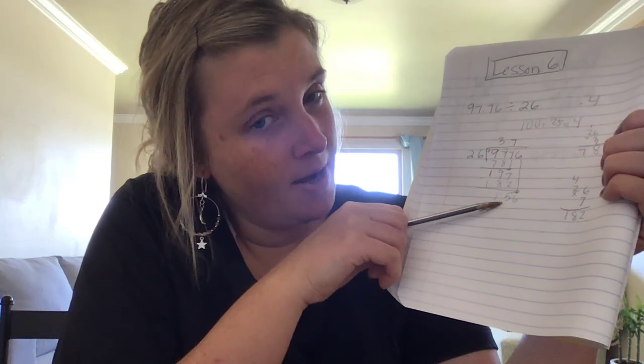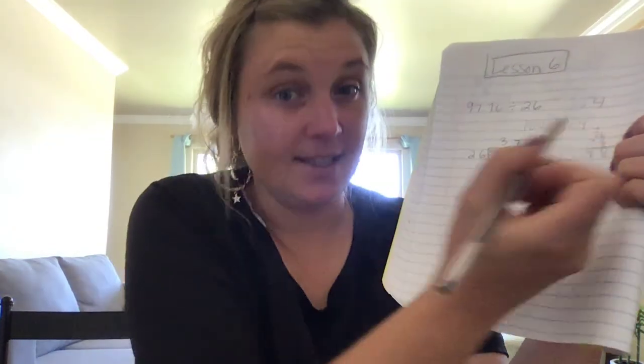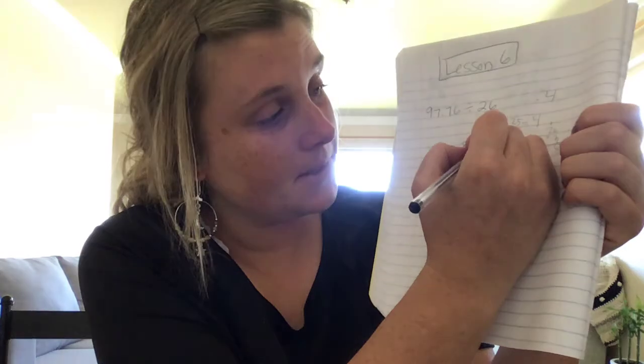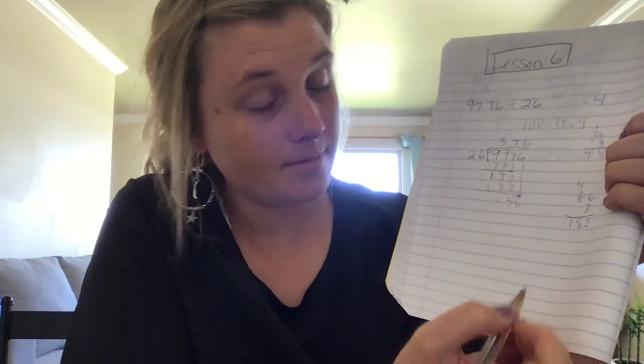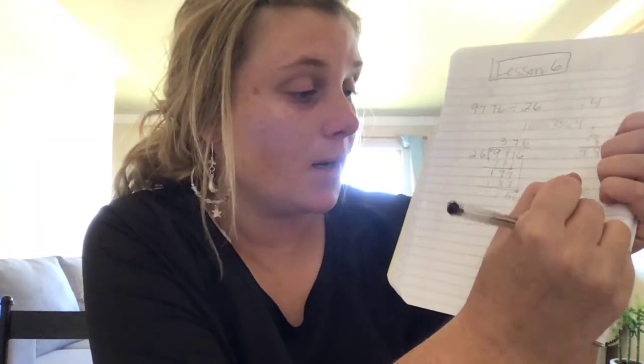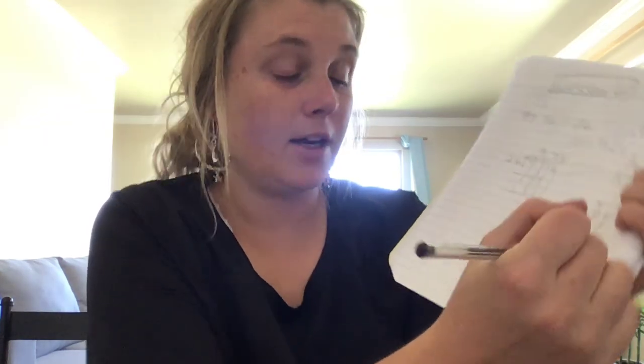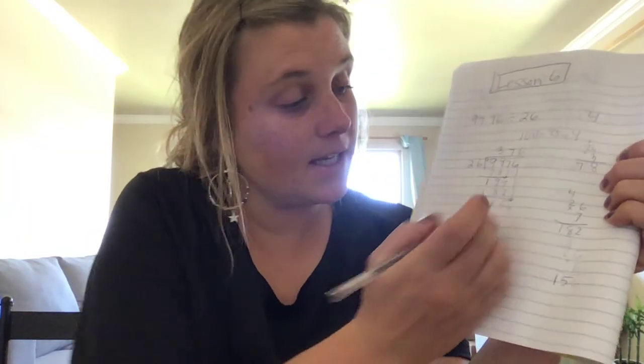We need to get to 156. Should we try 6 times? Let's try 6 times. Okay, now let's multiply. 26 times 6. 6 times 6 is 36. 6 times 2 is 12, 13, 14, 15. Whoa, right on, 156.